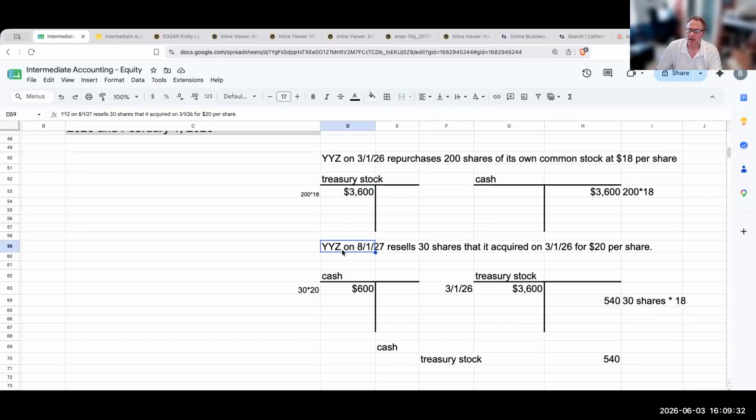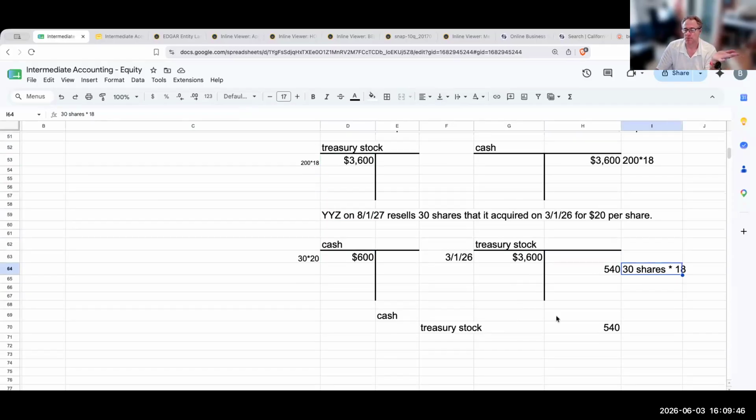Then a year later, I'm reselling 30 of those shares that I acquired on 3/1/26 for $20 per share. So I'm receiving cash of 600. And now when I go to credit treasury stock, I'm doing this for $18 per share. Now, when I buy or sell my own shares, I cannot recognize a gain because it would essentially be self-dealing.